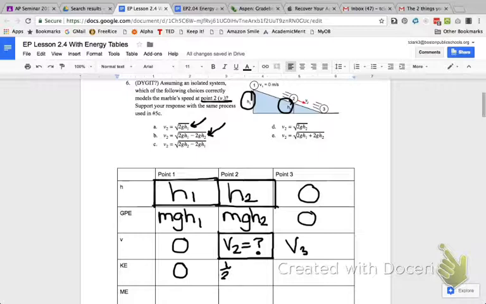It is 1/2 mv2 squared at point 2, although we don't know what that is, and it's 1/2 mv3 squared here. We also don't know what those are. They're not given to us. So really, when we did problems like this before, we left this blue box blank.